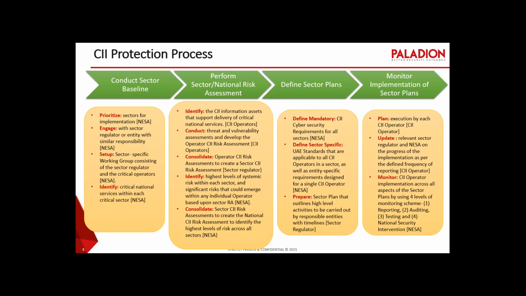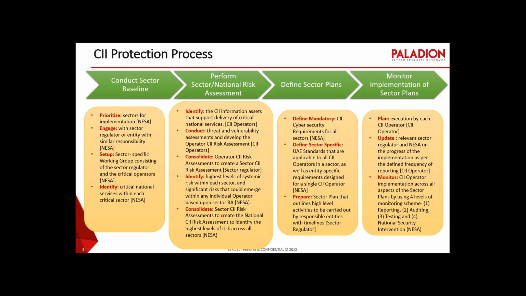Similarly, if there is a manufacturing sector, there will be a sector-specific working group for manufacturing, and the entities and the sector regulator of the manufacturing sector would define the taxonomy of critical national services for that sector, and similarly for oil and gas, other transport organizations, electricity and water providers, and all that.